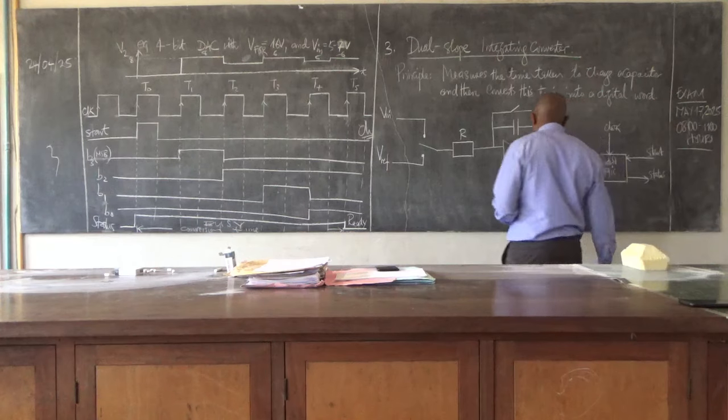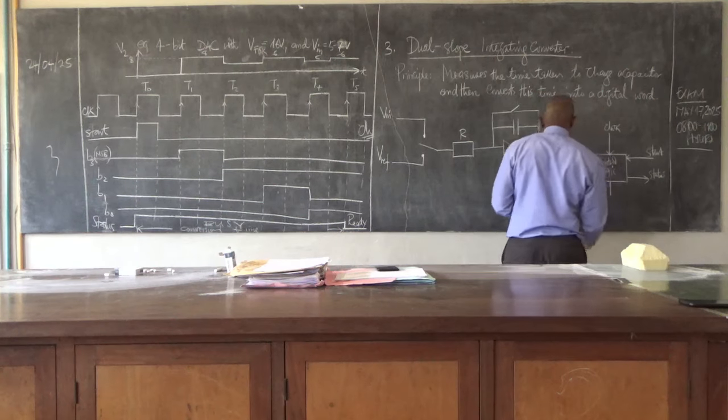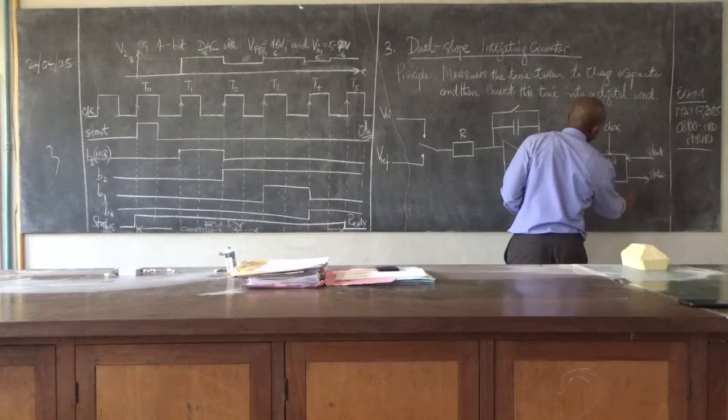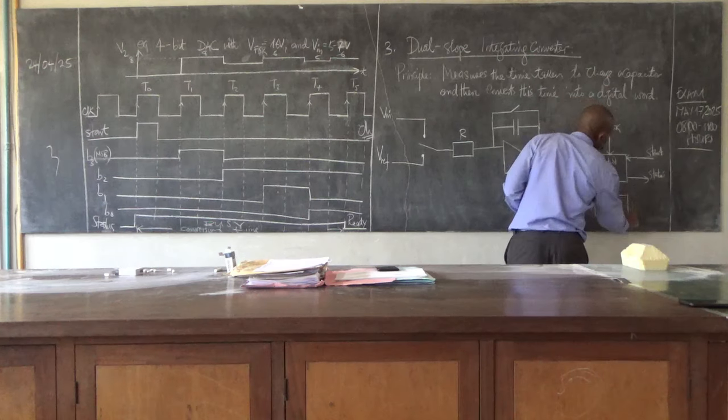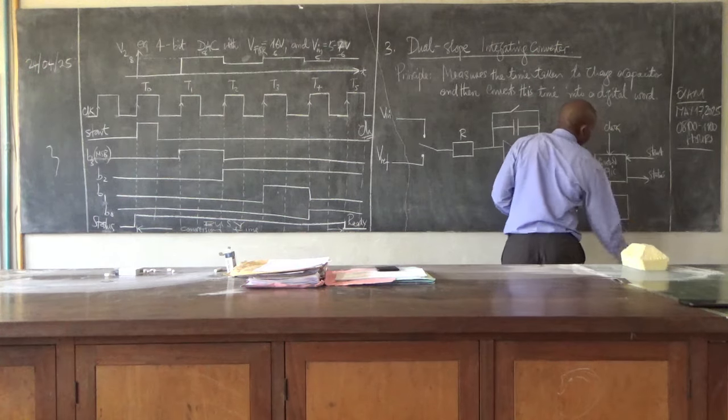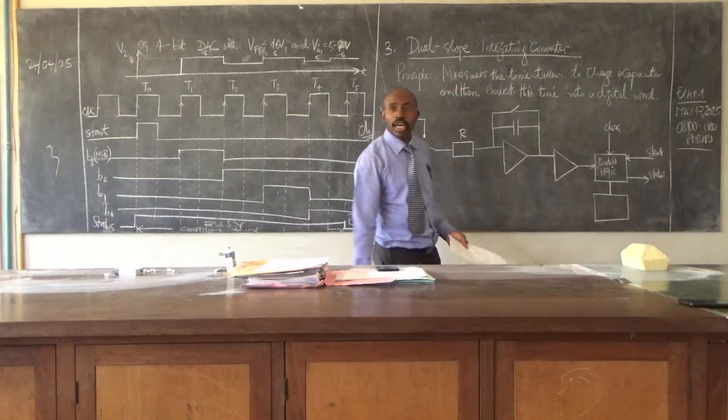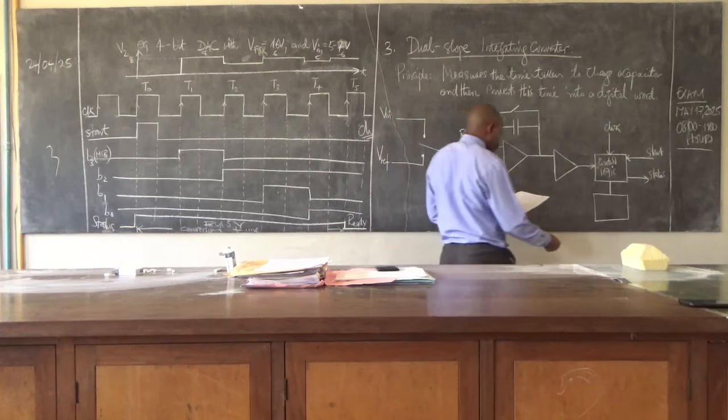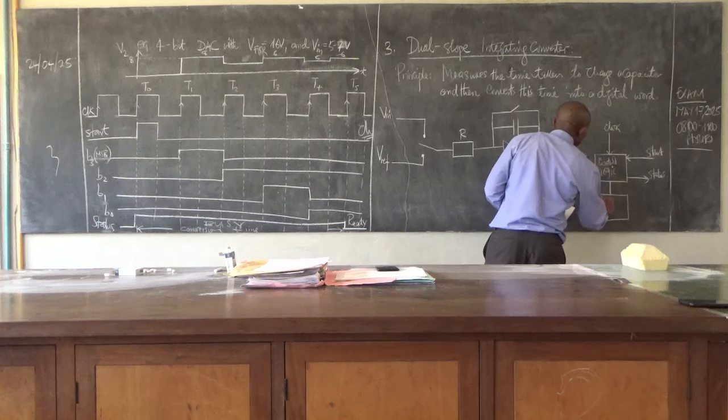And then whatever comes out goes through a binary counter, which will count the time the capacitor took to charge and makes it a digital word. So this is a binary counter.